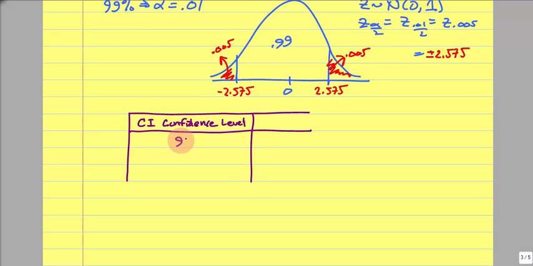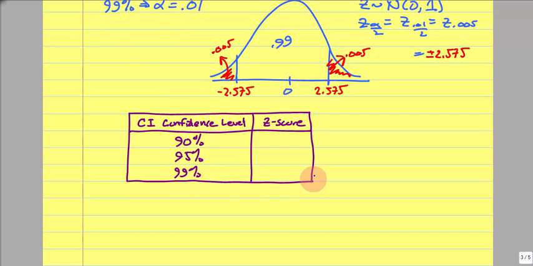So we looked at 90%, 95%, and 99%. And then we found the z-score that goes along with that. Now I want you to remember, since this says z-score, these are only based on the normal curve. So if we were using any other distribution, these numbers don't work anymore. These are only based on the normal distribution, and I know that here because of the letter z.